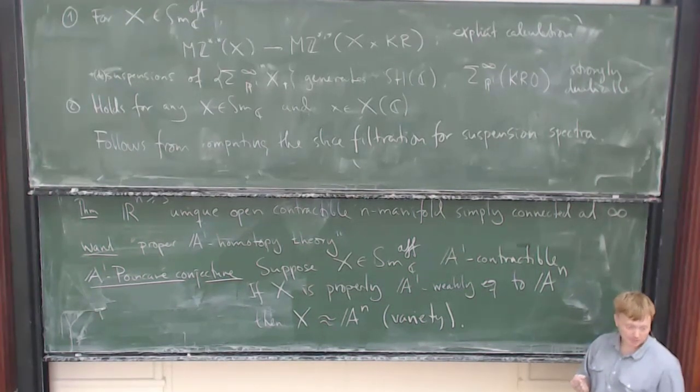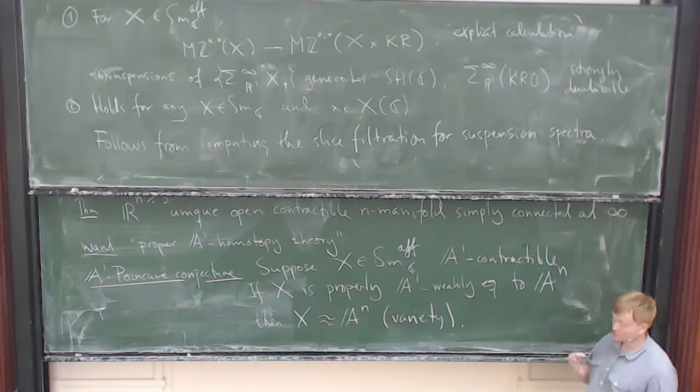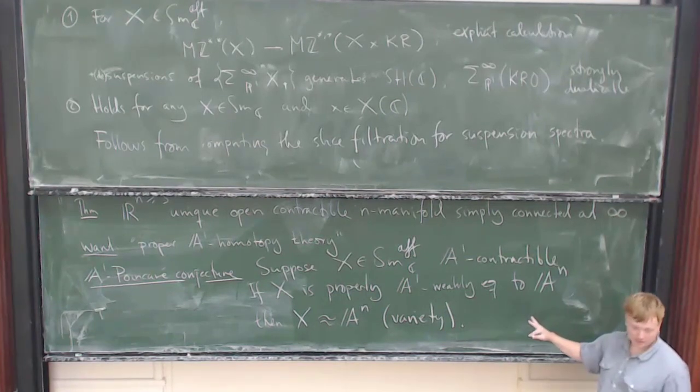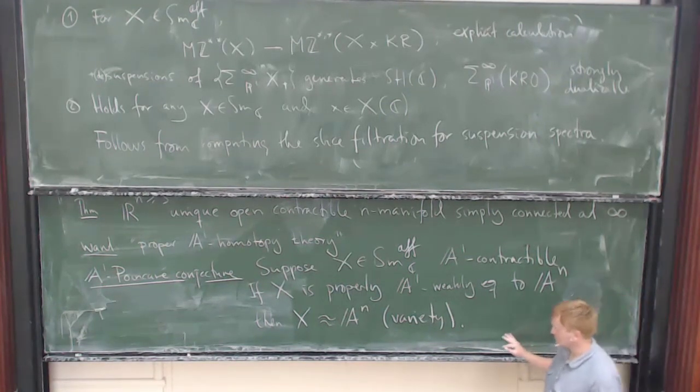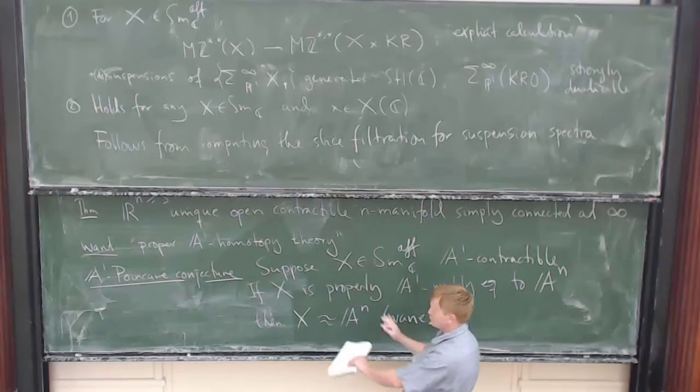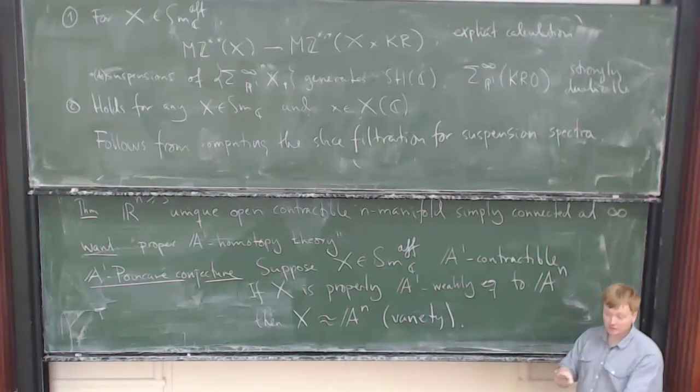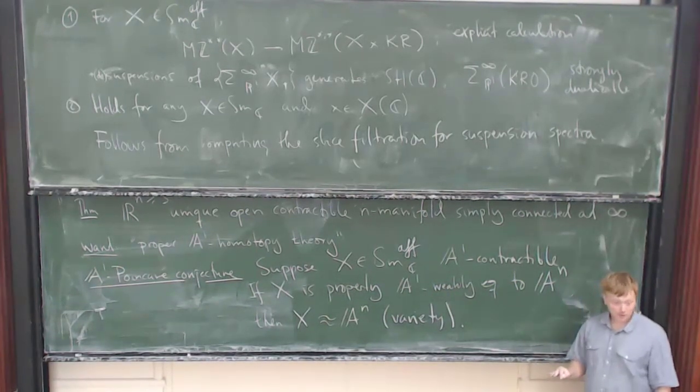But there's a counterexample to that, the so-called Whitehead manifold. And in some sense, the Koras-Russell threefold is analogous to the Whitehead manifold. So the real test case here is to develop some proper A1 homotopy theory that can distinguish the Koras-Russell threefold from A3.